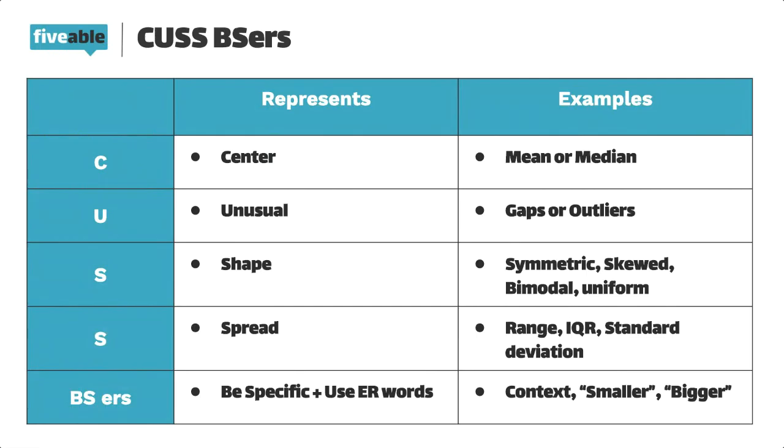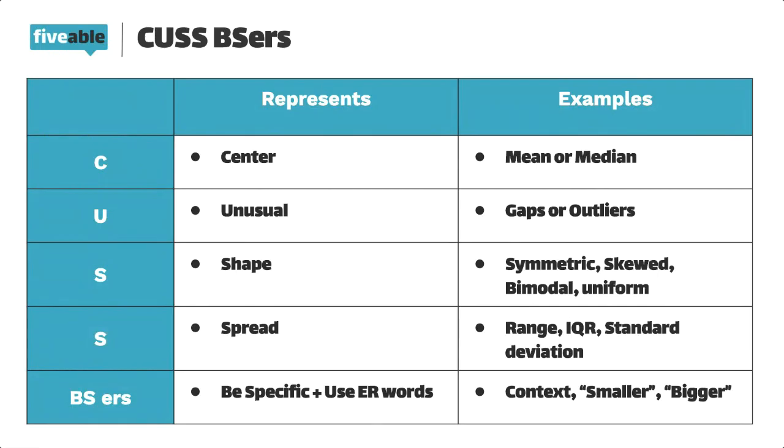Shape. We always want to talk about the shape of a distribution. Mostly we're using words like symmetrical, skewed, bimodal, uniform, all those. The next S represents spread. So what's the variability of our data? We use range, IQR, standard deviation. Any of those will work when talking about spread. So that represents the CUS part.